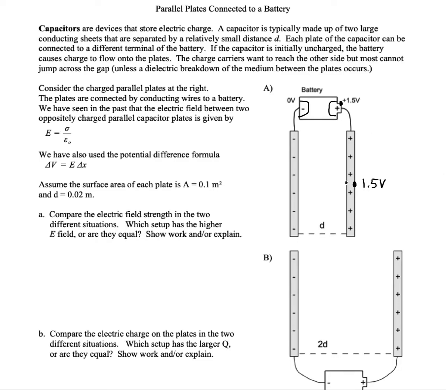If those potentials didn't match, then the charges would shift themselves so that they do match, as long as we're talking about electrostatic equilibrium. So if this point on our terminal is 0 volts, then this point on our plate is also 0 volts.